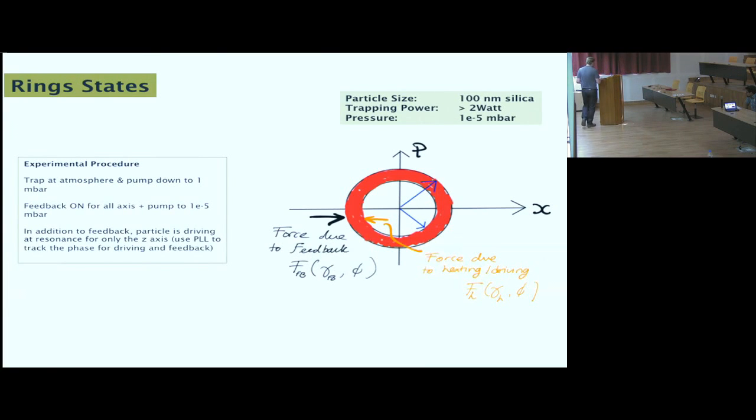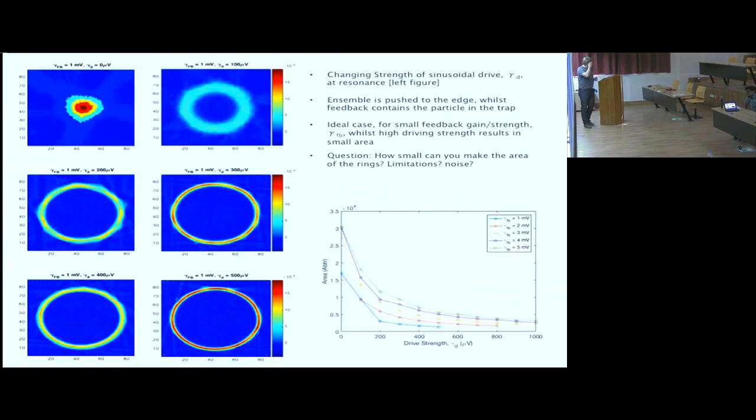Okay, so here are the experiments. That's now basically playing with the parameters of the heating and the cooling. You can see you can make nice rings. And of course the question was, because it's so hard to go to the ground state by pushing it to the center, to reach something non-classical.